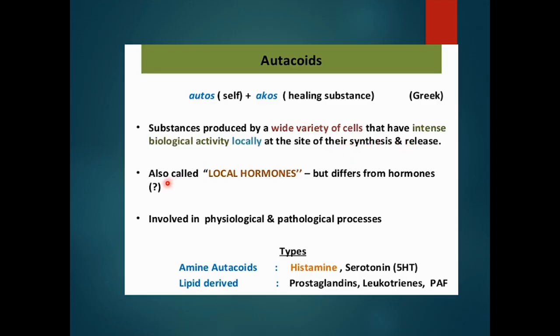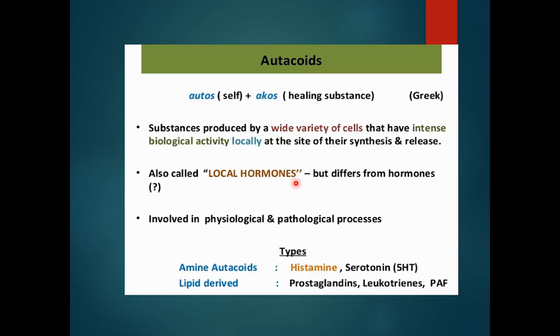These autocoids are also called local hormones because they act locally on neighboring cells or on the same cell that secretes them, without first entering the bloodstream.